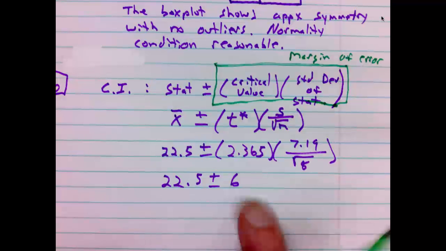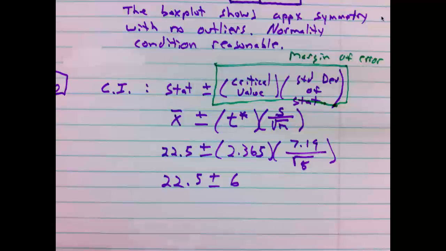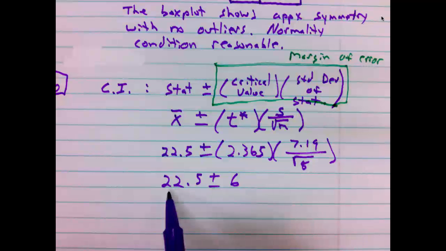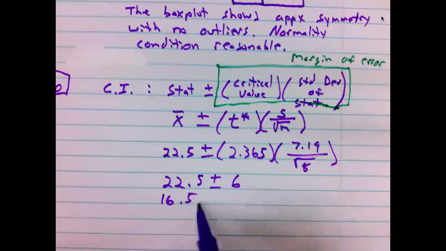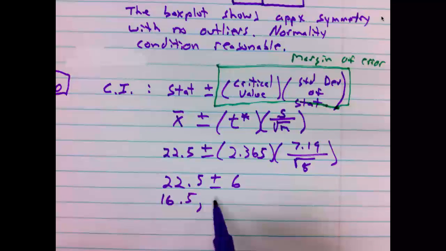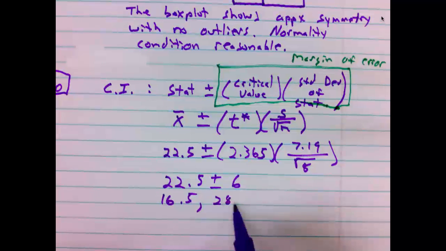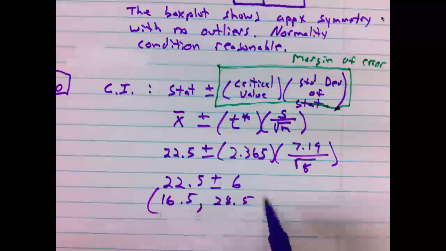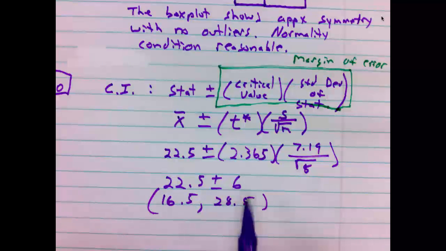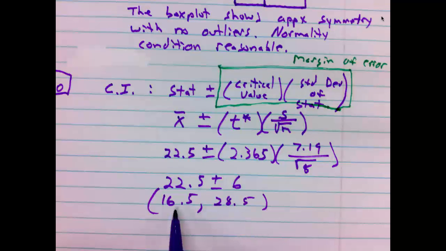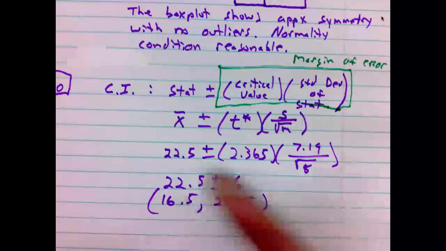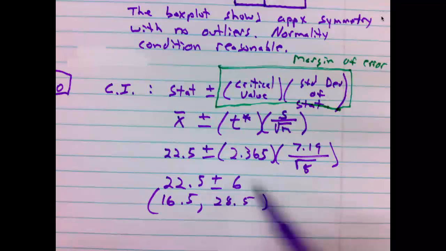This is a perfectly good way to write this, or we can find the sum and difference. 22.5 minus 6 is 16.5. 22.5 plus 6 is 28.5. You can see that the width of this interval is 2 times this number. 28.5 minus 16.5 is 12, twice that number. These are equivalent statements for our confidence interval.